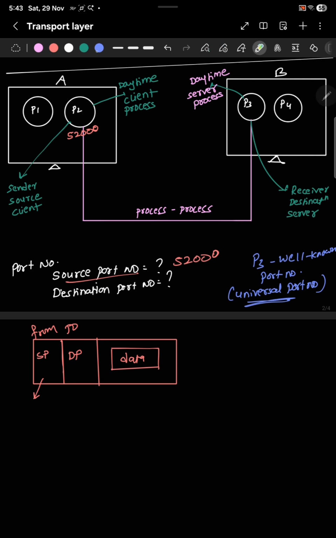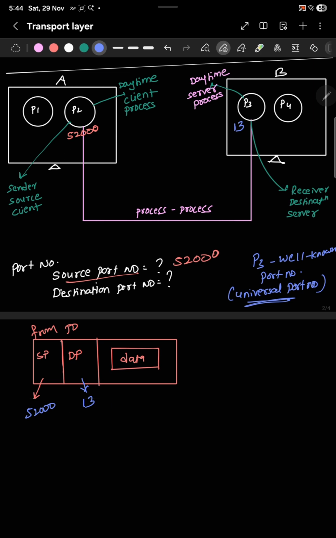So that is already assigned. For example, I already declare that my daytime server process's port number is 13, which is well known to every other process. Now in this case, the source port number is 52,000, and the destination port number is well known, so we already know that we are going to send to the daytime process, so it is 13.